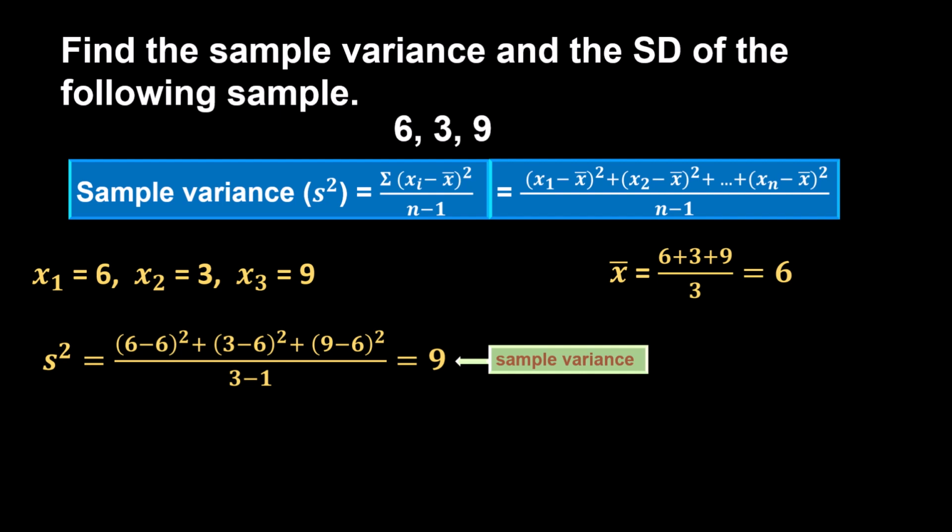N is 3 minus 1, that is 2, then the answer is 9. Right. We have the sample variance.